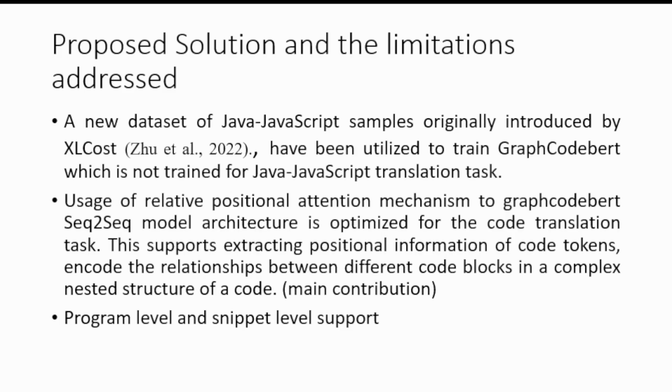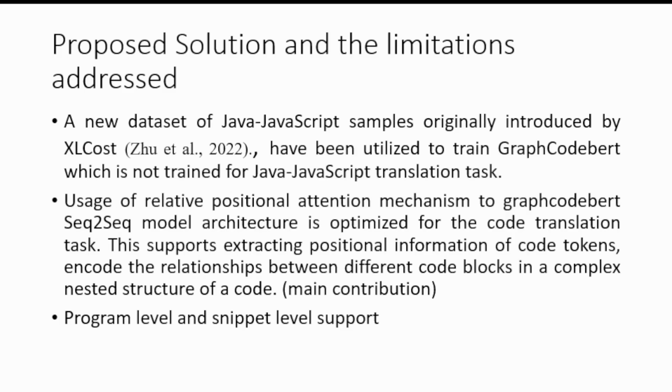Here I have used a new dataset of Java and JavaScript samples originally introduced by XLCoST. This has been utilized to train GraphCodeBERT with the relative attention mechanism added, which was not trained for Java to JavaScript translation tasks beforehand.